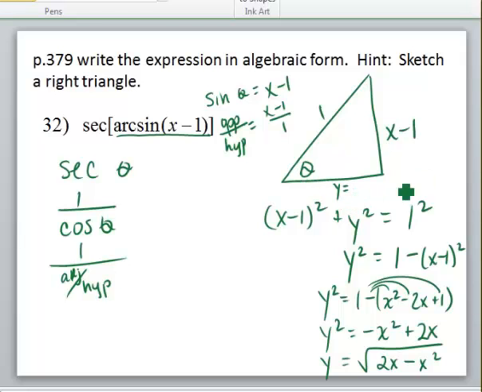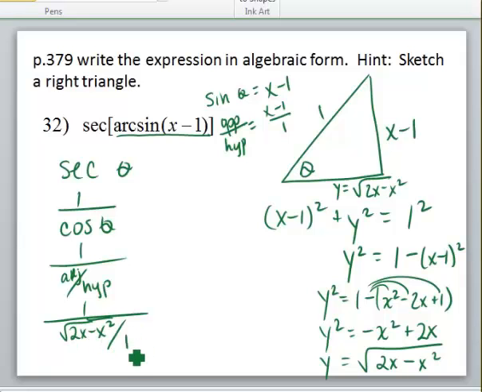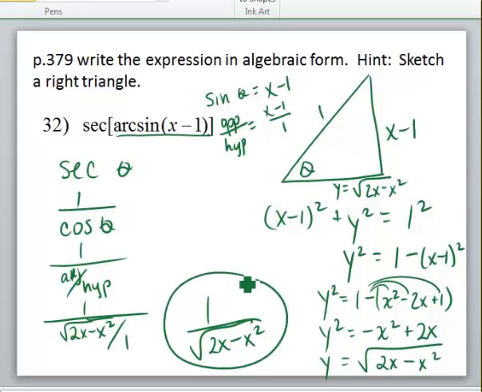Well, y we found out to be the square root of 2x minus x squared. So I'd have 1 over the square root of 2x minus x squared, all over my hypotenuse of 1. And so when I divide those out, I end up getting 1 over the square root of 2x minus x squared as my final answer.